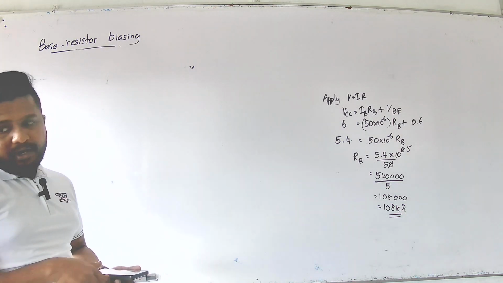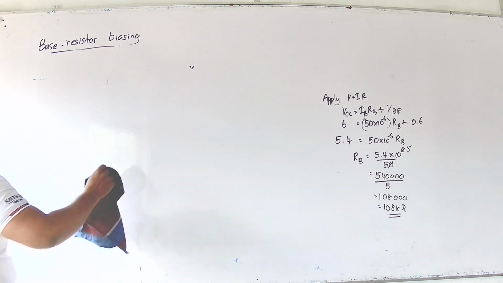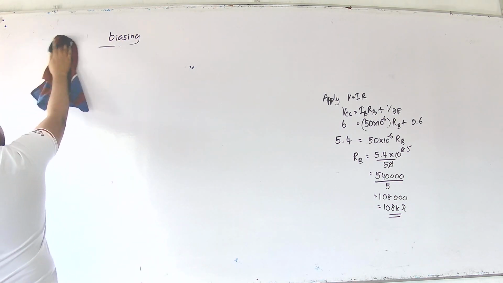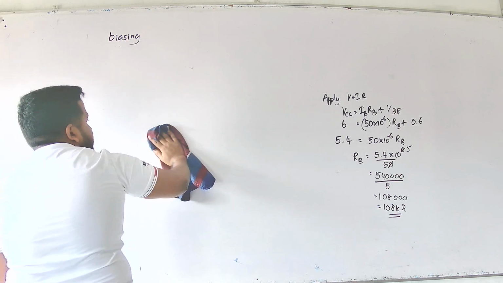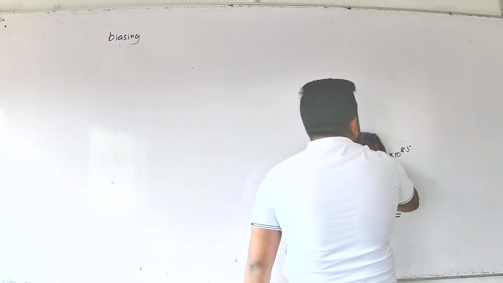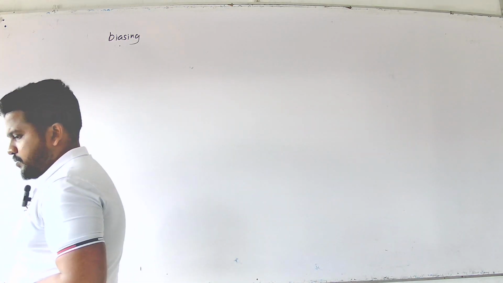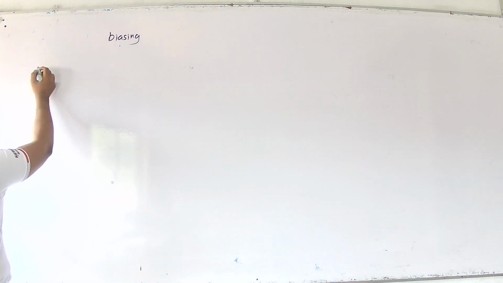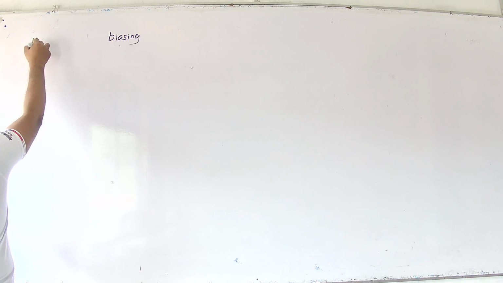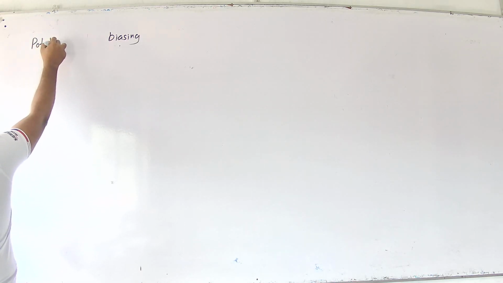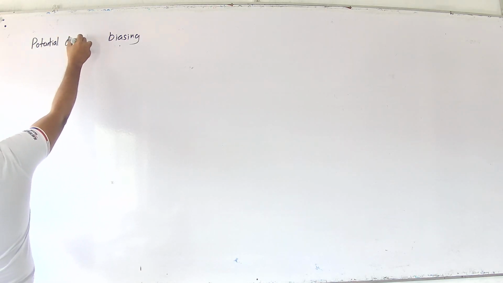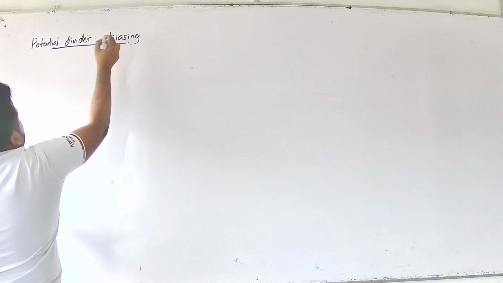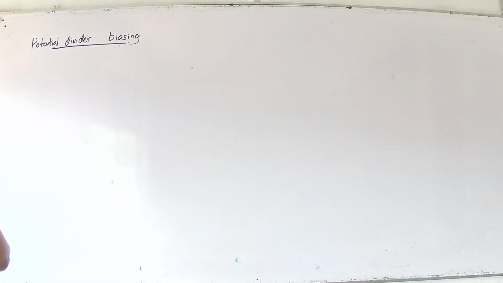Potential divider biasing, where we are using the potential dividing method, right?